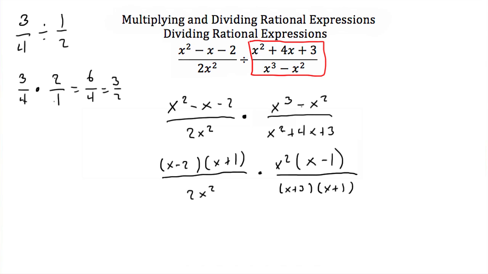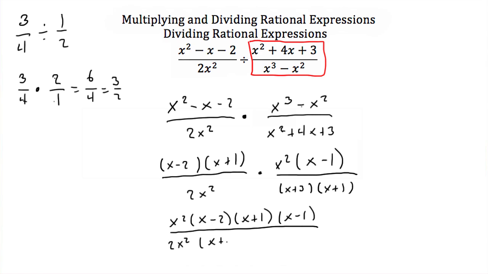Now when we multiply these, we multiply our numerators and then we multiply our denominators. My numerator will be an x squared times x minus 2 times x plus 1 times x minus 1. That's over 2x squared times x plus 3 times x plus 1.